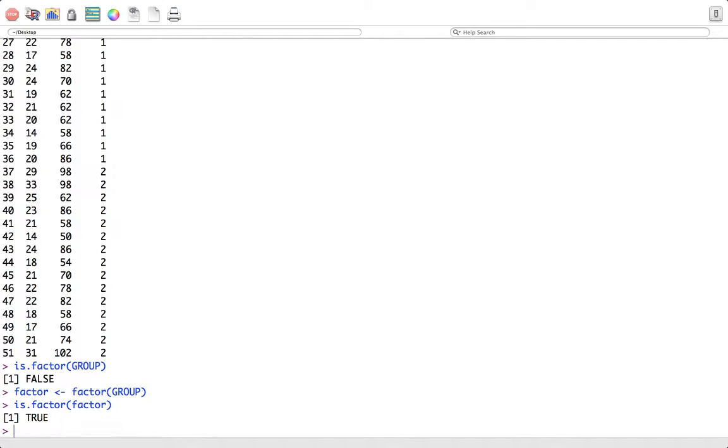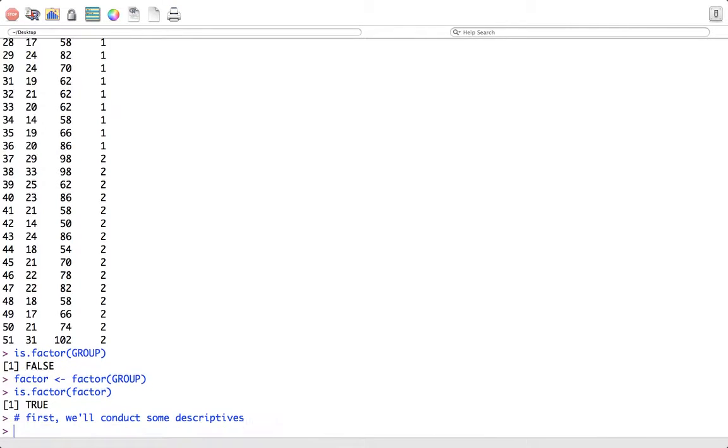First thing I'd want to do is examine side-by-side box plots. So first, we'll conduct some descriptives, if I can spell them. And first thing I'd want to do is look at a picture. So I'd probably want to examine a box plot of my quantitative variable.